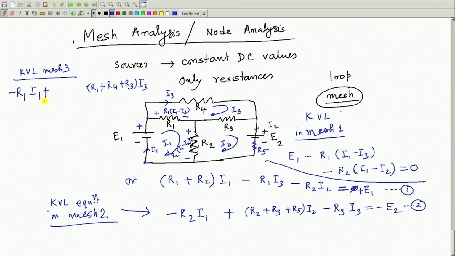Yes, there is a common resistance, minus R 3. So, minus R 3 into I 2 and this is plus. And the right hand side should be any sources present, those terms will appear, and in this case there is nothing present. So, it will be 0.